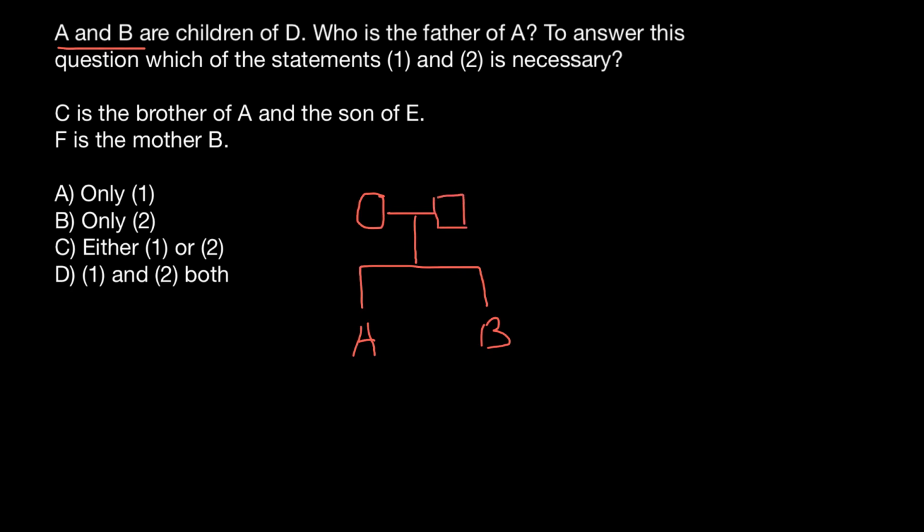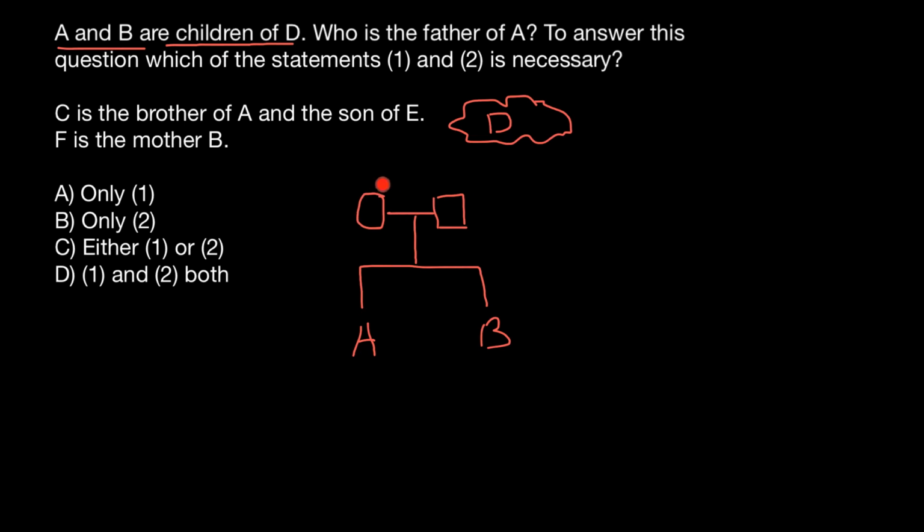So we put mother and father on top, and what else we know is that one of the parents is D, because we are told that A and B are children of D. So let's draw a cloud here and put letter D here, because we don't know who D is.